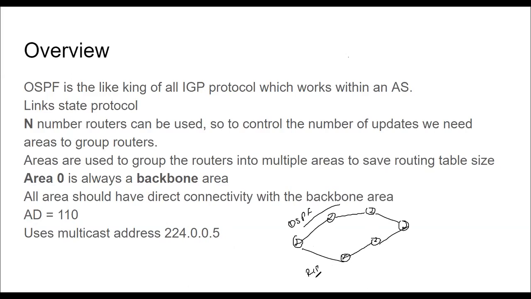Just for the information, RIP's AD value is 120, and OSPF, as you know, is 110. If I have two paths to choose, which path should I choose? It's purely based on the AD value. The lower the AD value, the better.